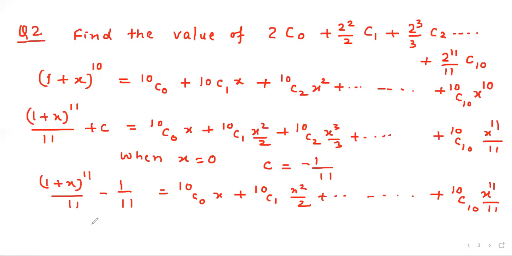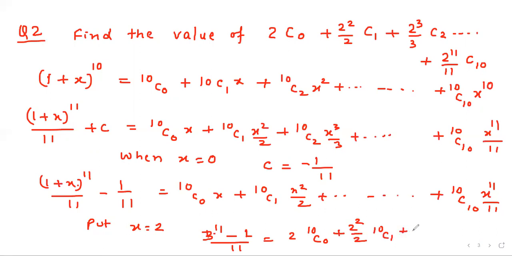Now we put x equal to 2. What do we get? 1 plus 2 will become 3. So (3 power 11 minus 1) divided by 11 equal to 2 times 10C0 plus 2 squared by 2 10C1 plus ... plus 2 power 11 by 11 10C10, which is our answer.